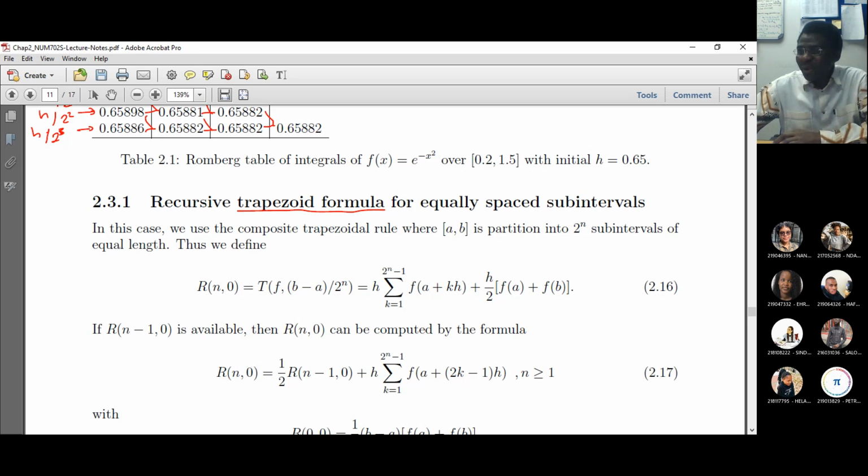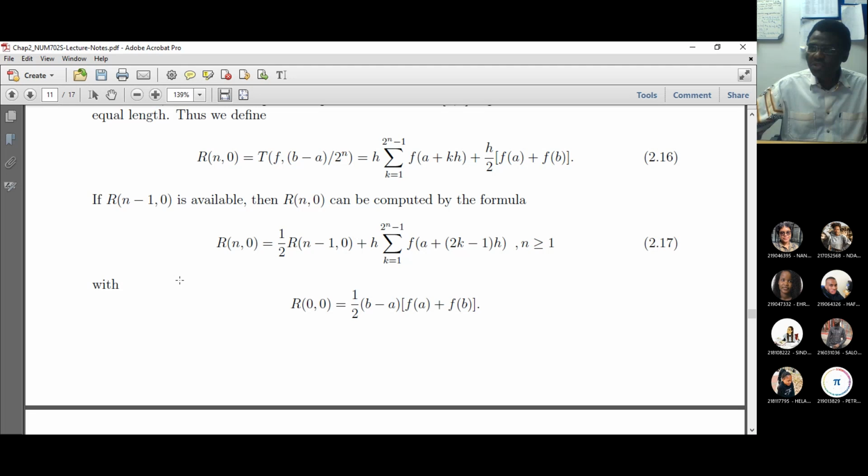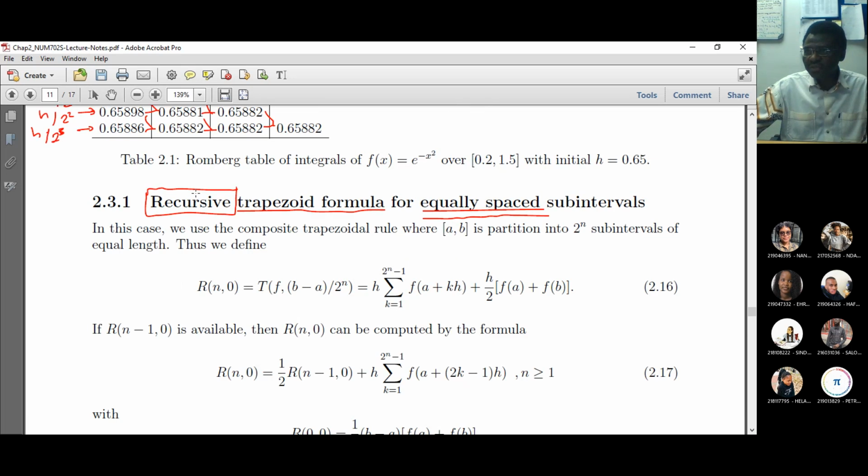Okay, now we're talking about recursive. This is very important: the recursive trapezoidal rule or formula. Here we are taking equally spaced subintervals.